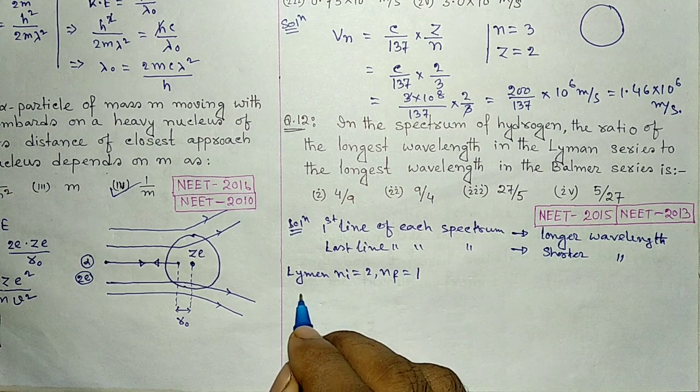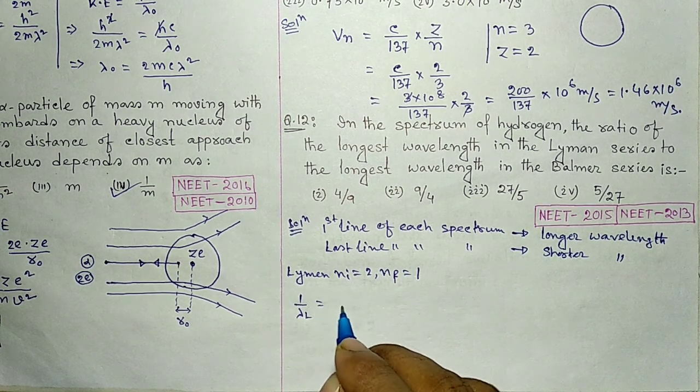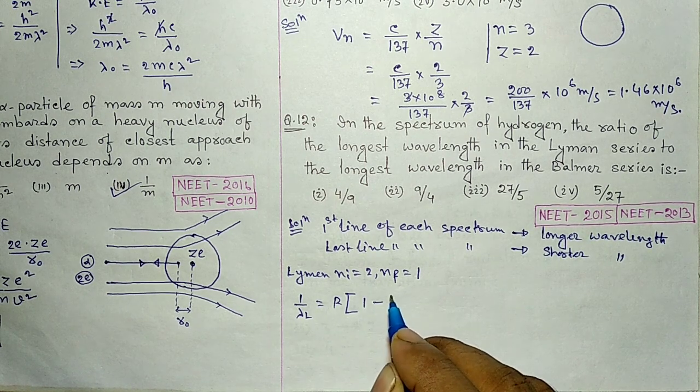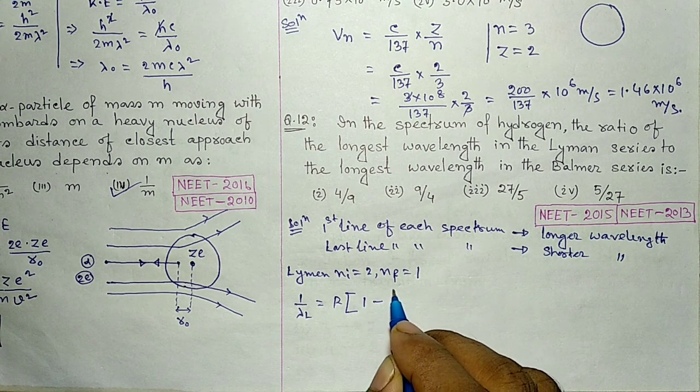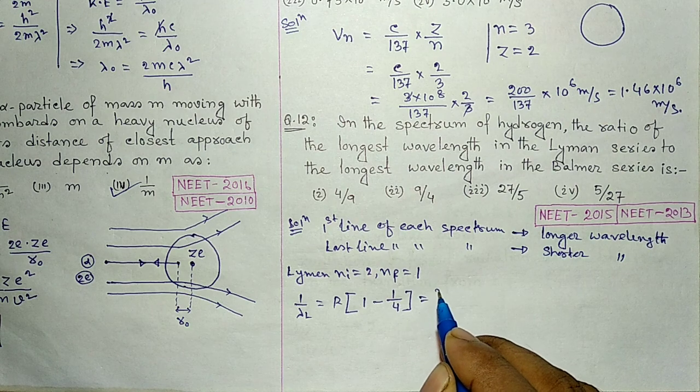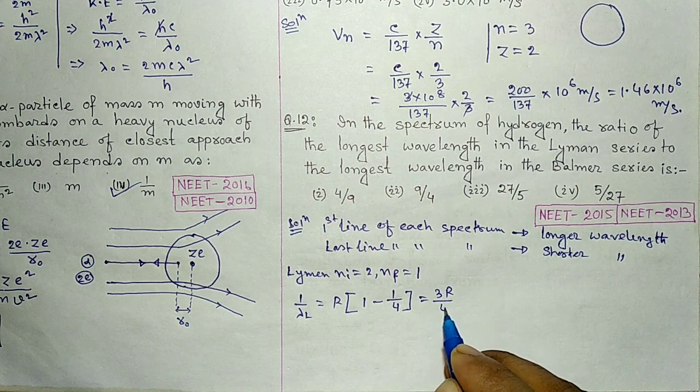For the Lyman series, Ni equals 2 and Nf equals 1. So 1 by lambda L equals R into 1 by Nf square, that is 1, minus 1 by Ni square, that is 1 by 4, which equals 3R by 4.